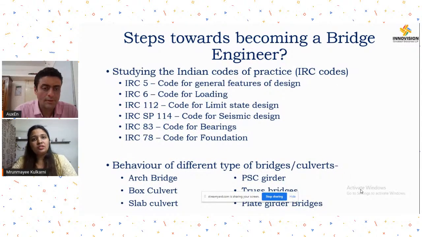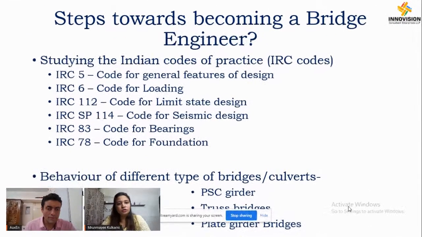The codes are just the basic guidelines decided by our Indian Roads Congress to give you an idea and to guide you through the process of designing a structure. These are some of the codes which I have mentioned here.